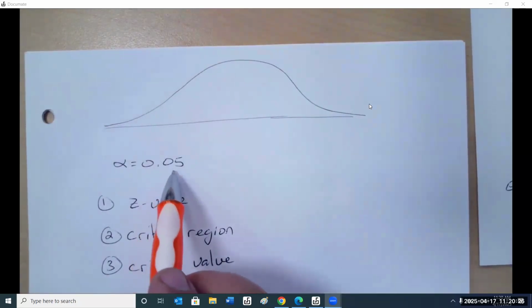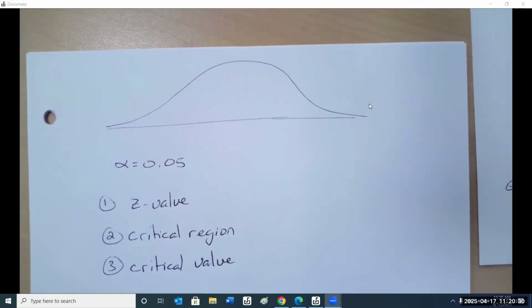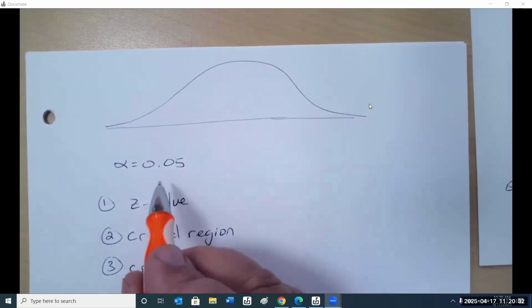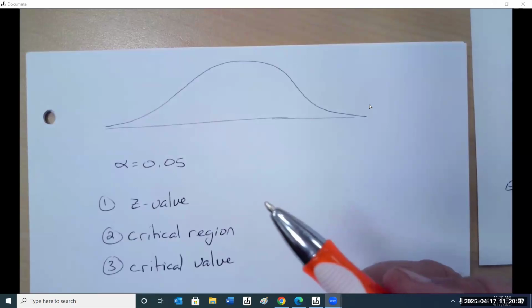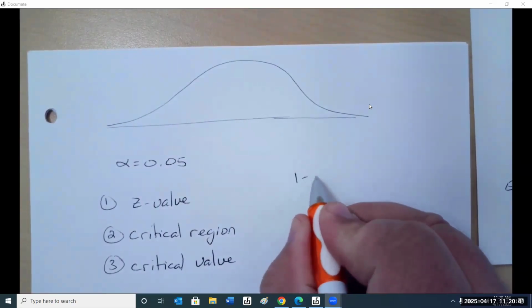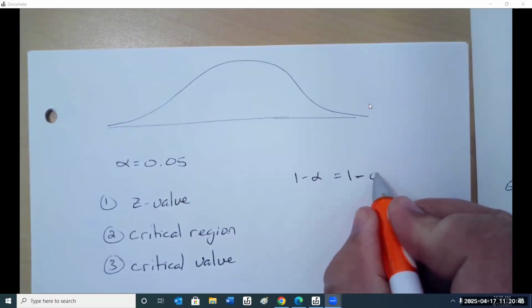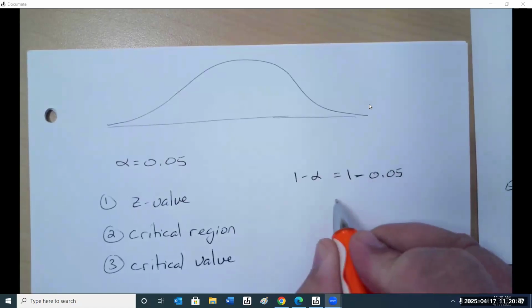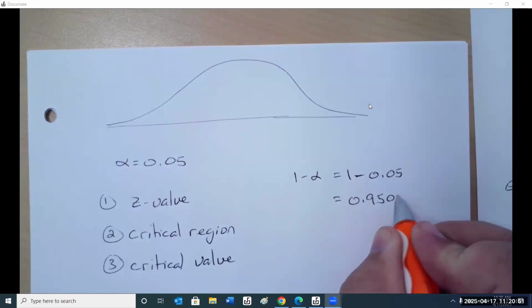So what is 0.05? What do we do with that? We only divide by two if it's two-tailed test. So here we're looking at one-tailed test. Right. The first thing we do is 1 minus alpha, and that equals 0.95.